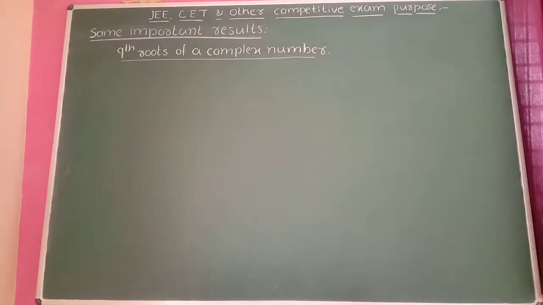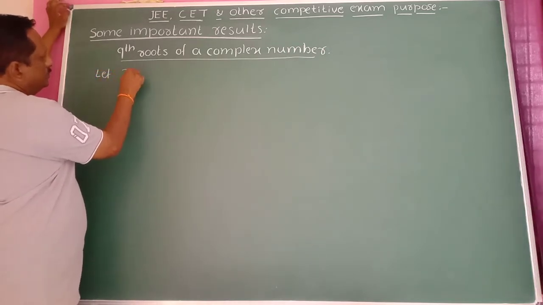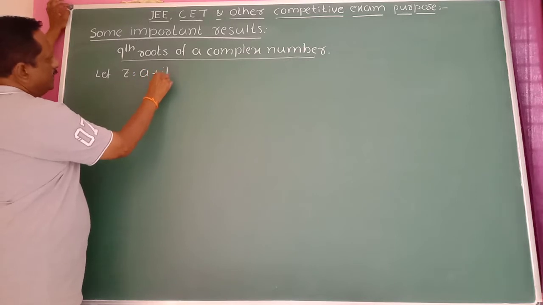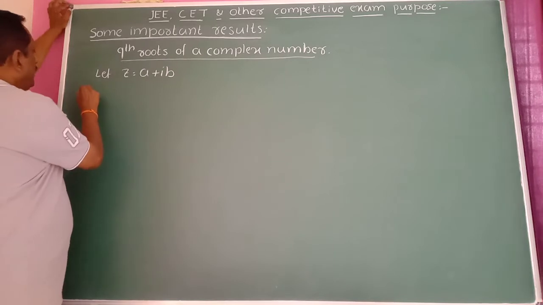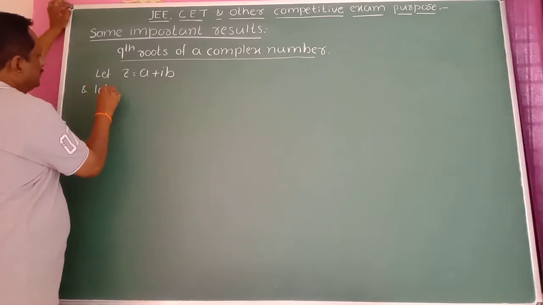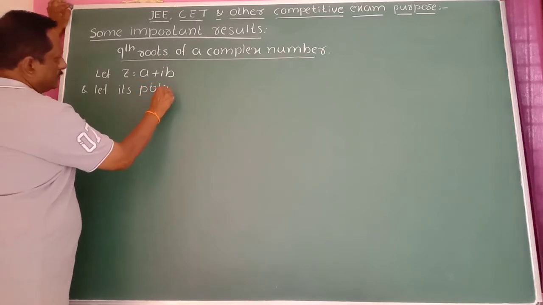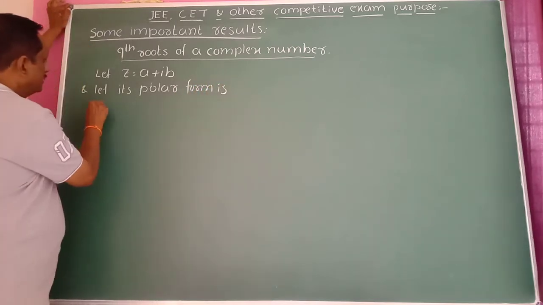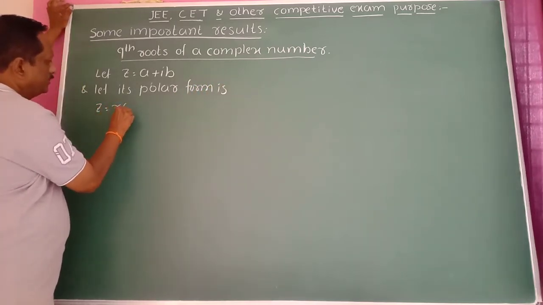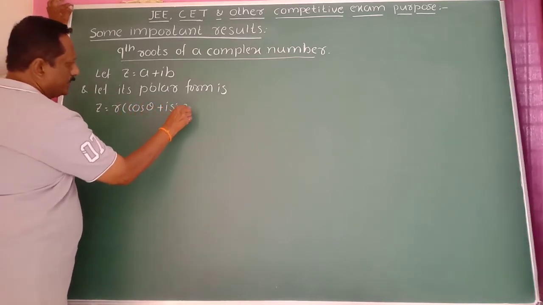Now the q-th root of a complex number. Let us consider z equal to a plus i b. It is the Cartesian form, and its polar form is z equal to r into (cos theta plus i sin theta).